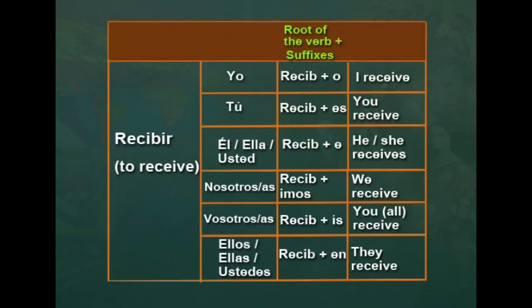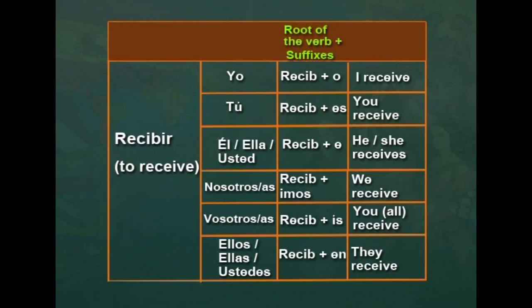Next verb is recibir, to receive. This verb has the root or stem recib. Yo recibo, I receive. Tú recibes, you receive. Él recibe, he receives. Ella recibe, she receives. Usted recibe, you, formal, receive.